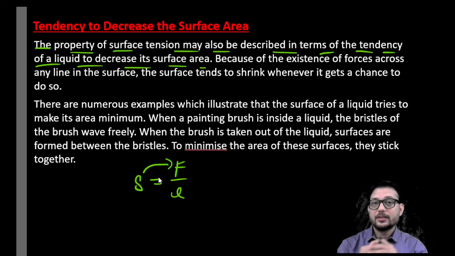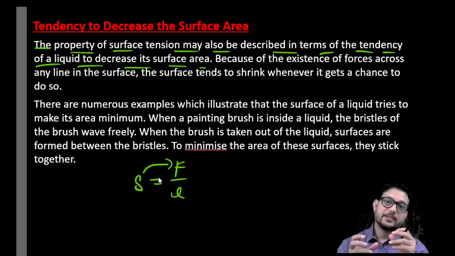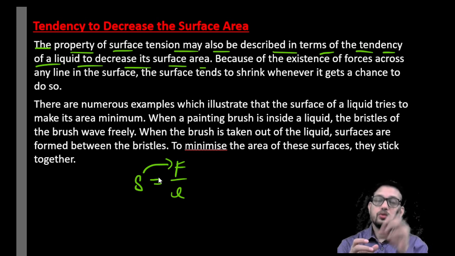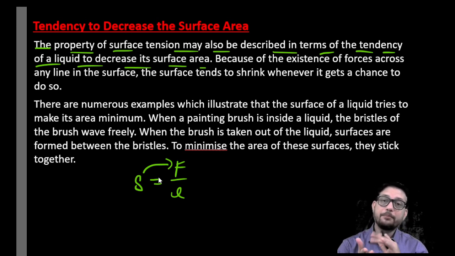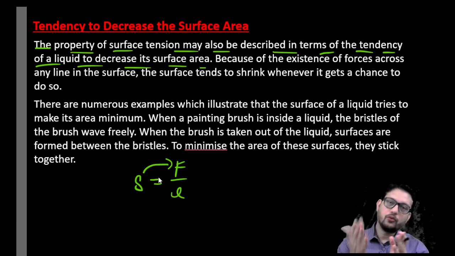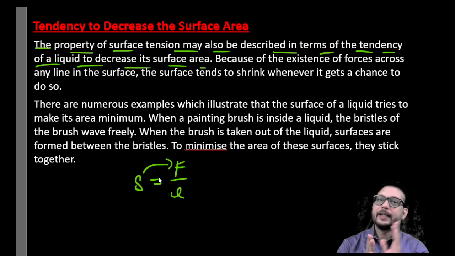It means in case of surface tension, there are two aspects. One is of force, and one is of decreasing in surface area. So we have to study the surface tension in two perspectives: one is force and the other is the surface area.